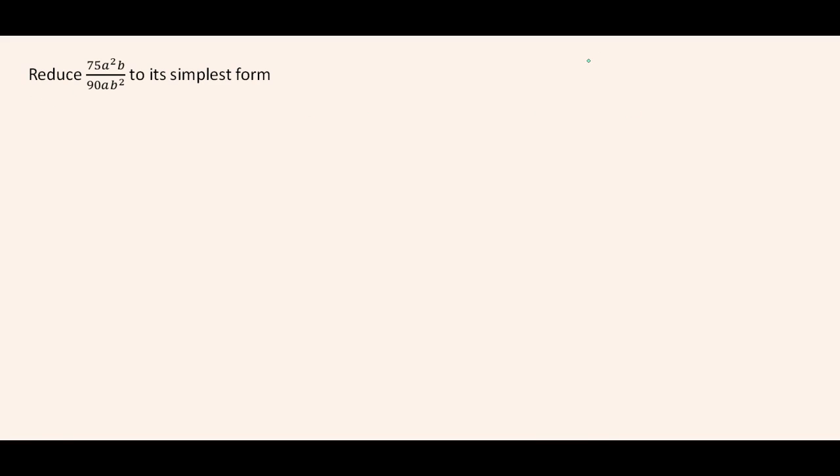Now 75, we have 3 and 25, and then 25 we have 5 and 5. Then we have 90, which is 2 and 45. 45 we have 3 and 15. And 15 we have 3 and 5.